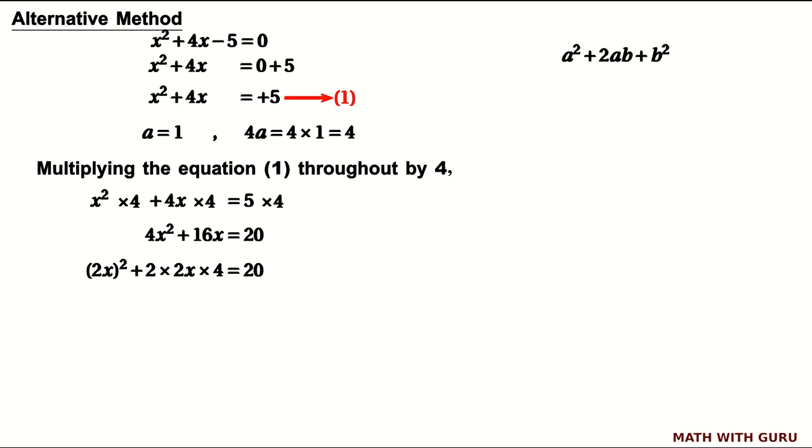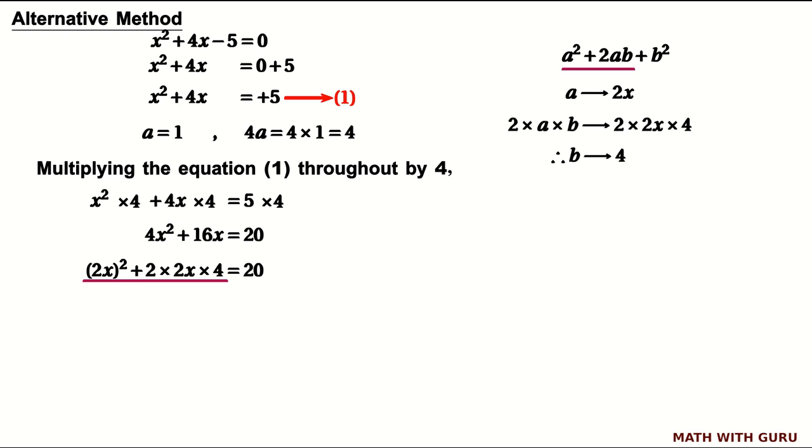Now consider this a squared plus 2ab plus b squared and compare these two terms with these two terms. In place of a, we have 2x. In place of 2ab, 2 into a into b, we have 2 into 2x into 4.